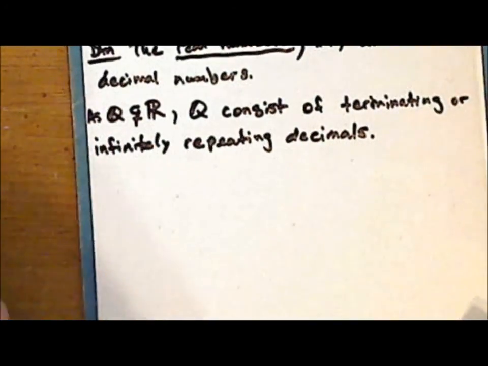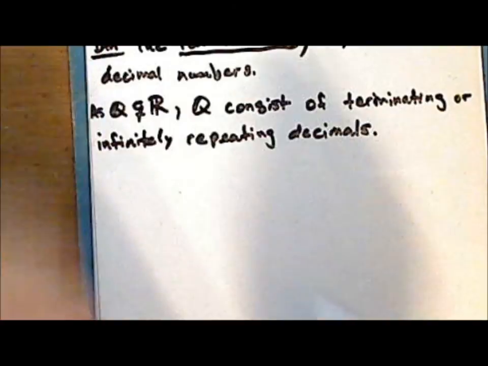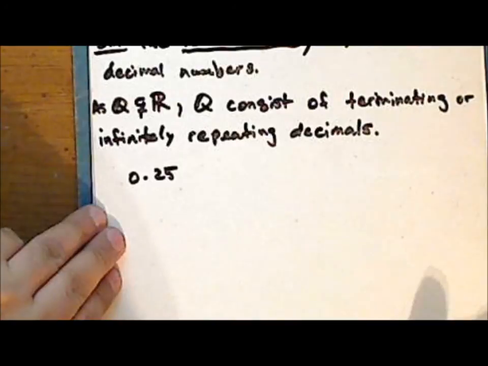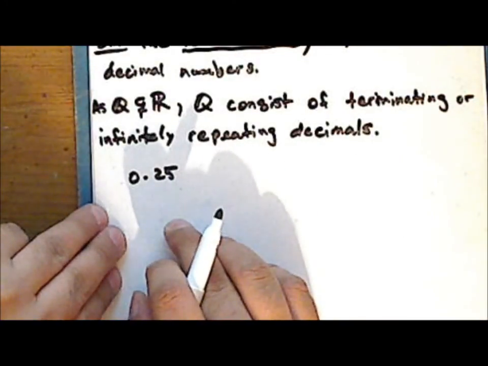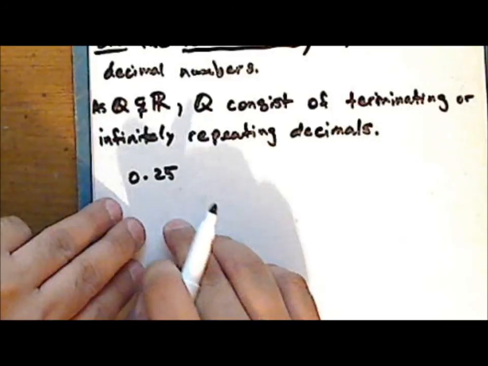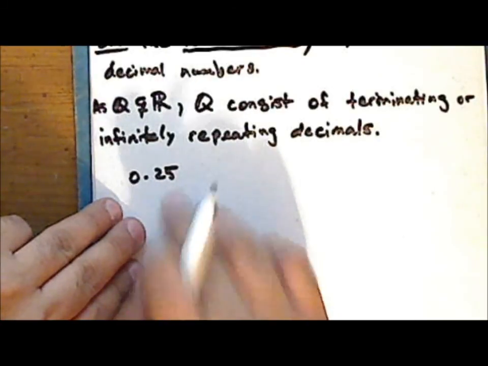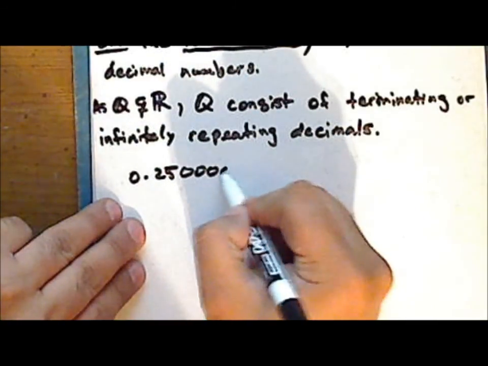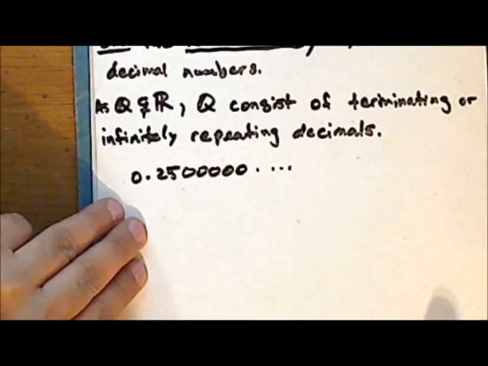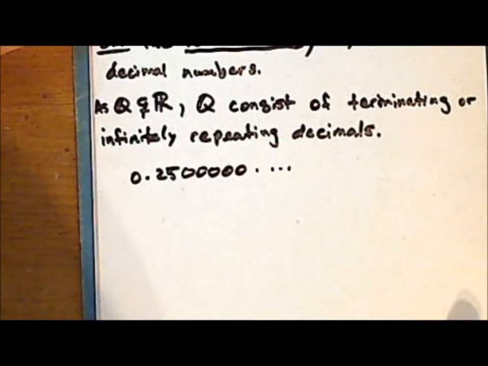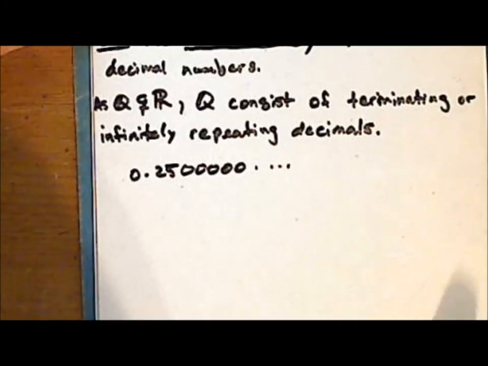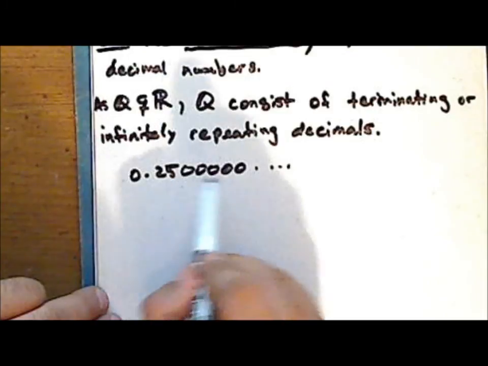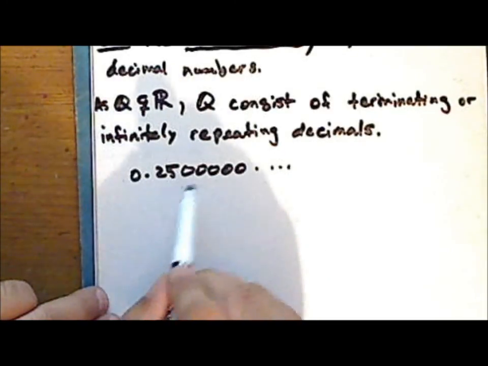So we'll look at an example of each. For example, the number 0.25 is what we call a terminating decimal. But what do we actually mean by terminating? The word terminating does not really imply that it ends here, rather that every digit past a certain point is the digit 0. So it is an infinitely expanding decimal, as it must be, as it is a real number. But we call it a terminating decimal because every digit past a certain point is the digit 0.